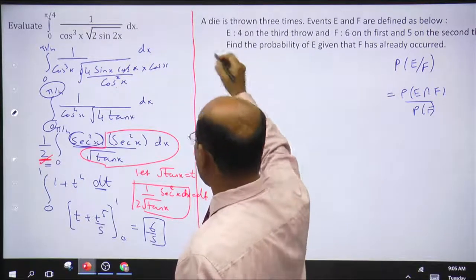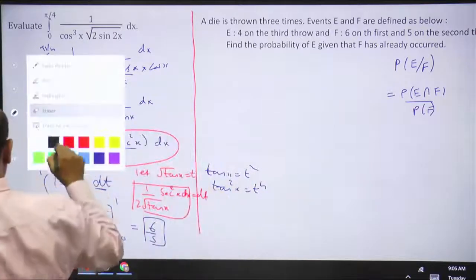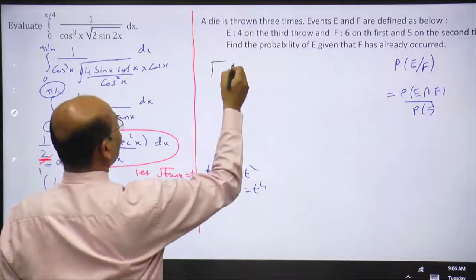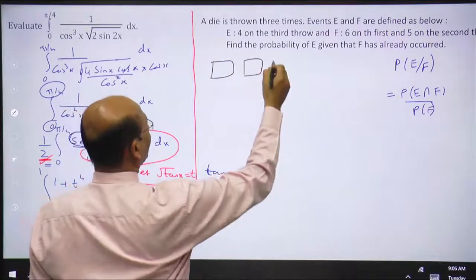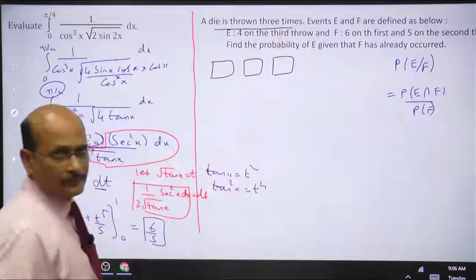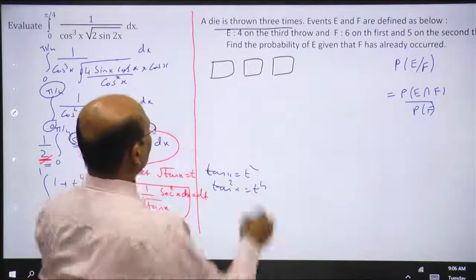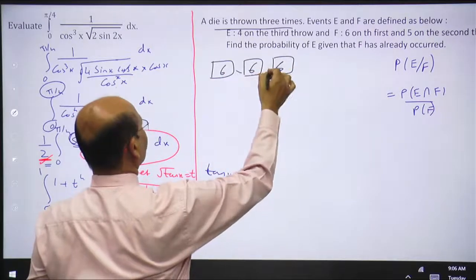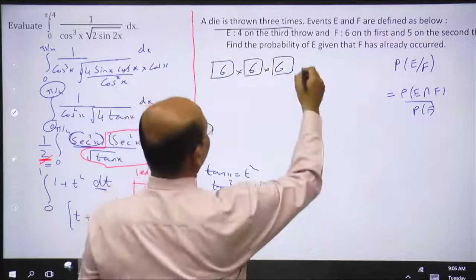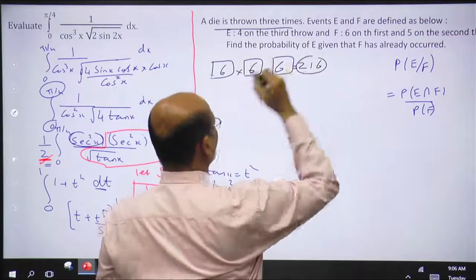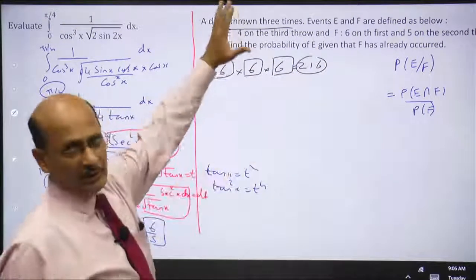If this is one die, now this is axiomatic approach, and this is the third die, because it is thrown 3 times. Please understand this. Total outcome 6, total outcome 6, total outcome 6. So 6 into 6 into 6 is nothing but 216. So total sample space will be 216.